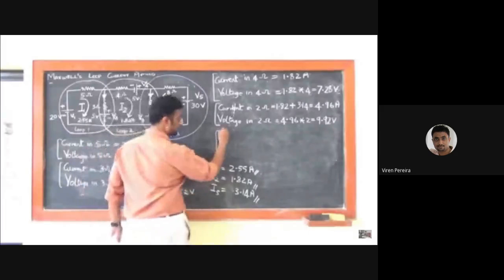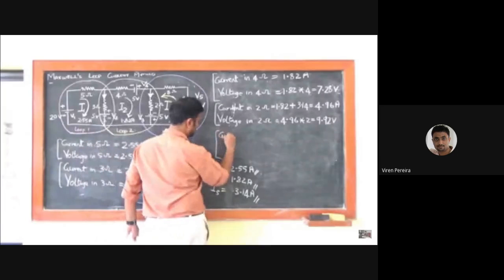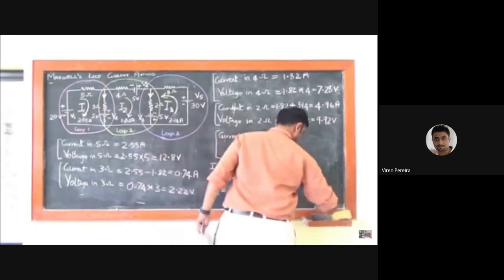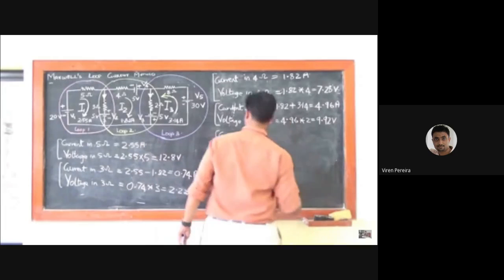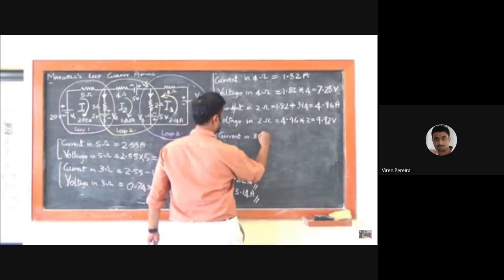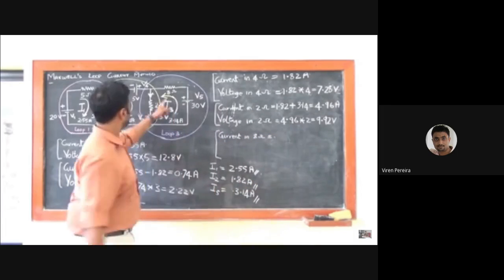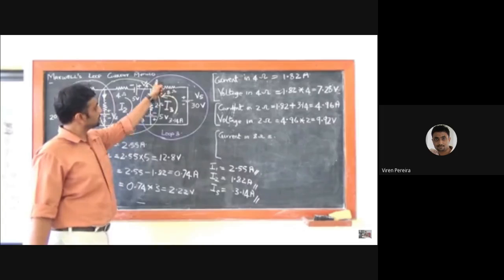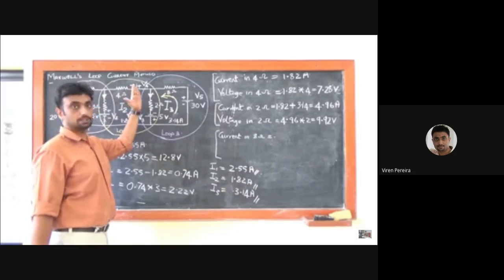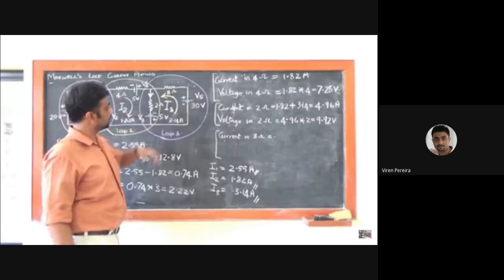Now again, what is the current in the 8 ohms resistor? As I told you, the 8 ohms resistor is only linked with loop 3. It is not linked with the other loops. So 8 ohms is linked with I3.